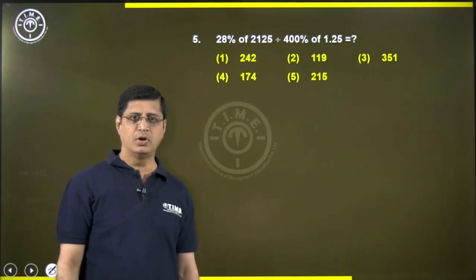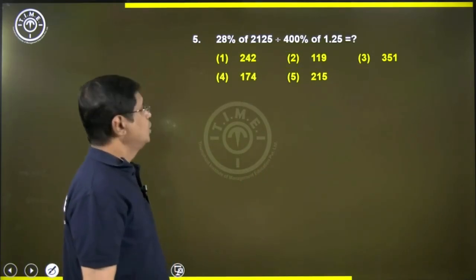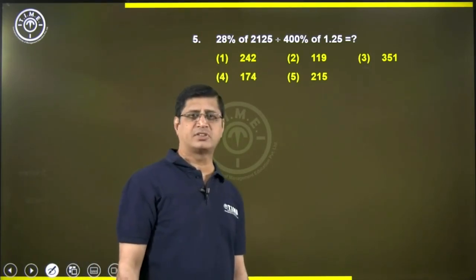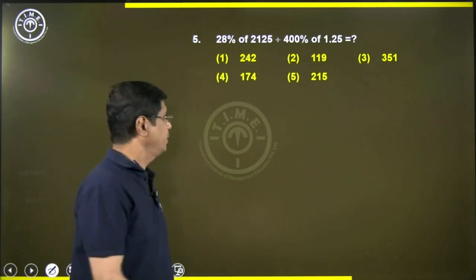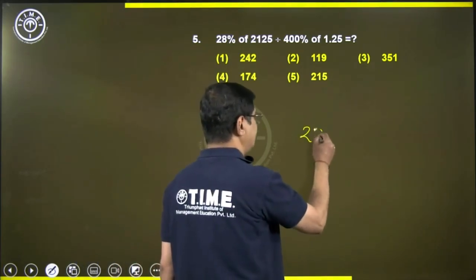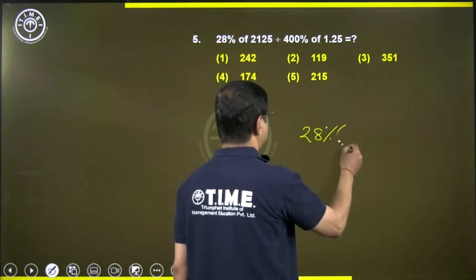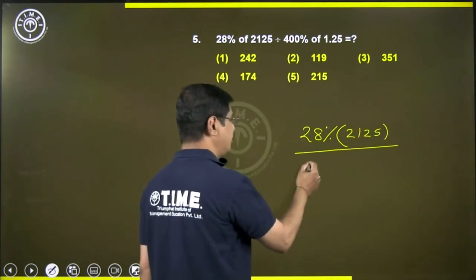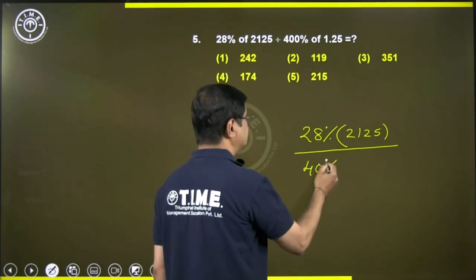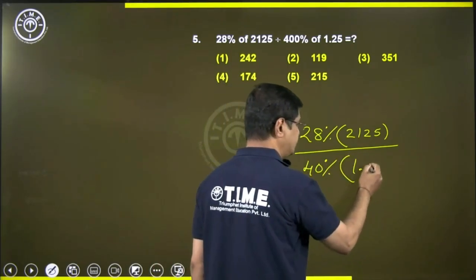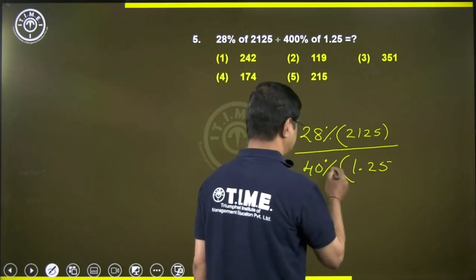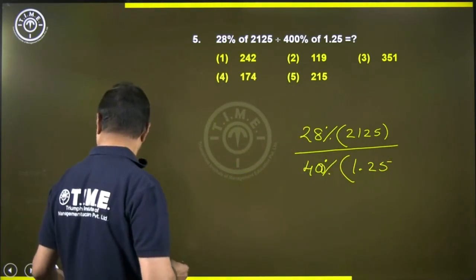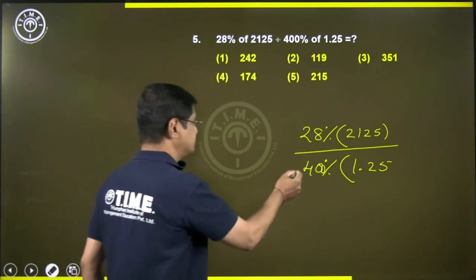Now next example on your screen. 28% of 2125 divided by 400% of 1.25. Note that it is 400%, not 40%.